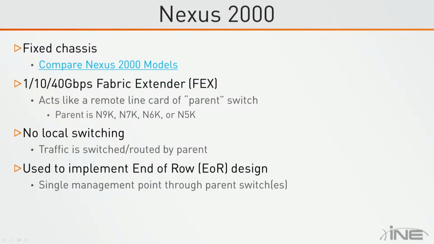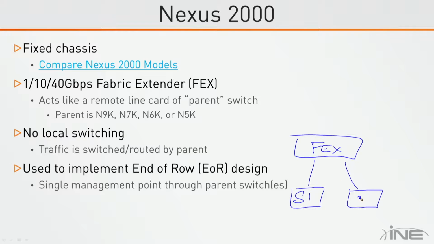Okay, so what I mean by this is that if we had the fabric extender going down to two servers, let's say server 1 and server 2, and let's say we want to do just a ping between these two boxes. Normally in a regular Ethernet switching environment, your frame would go up to the switch that it's attached to. This box is going to look at the MAC address table. It's going to say, hey, I know that I'm going from server 2 over to server 1, and then I'm going to forward my frame down to the destination.